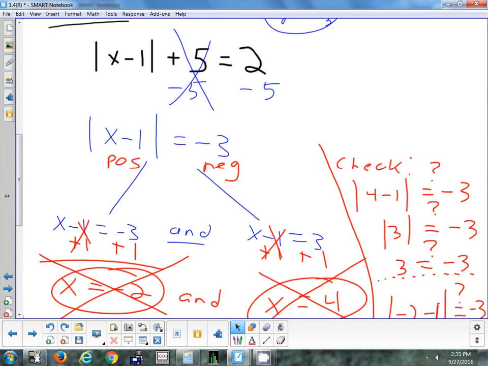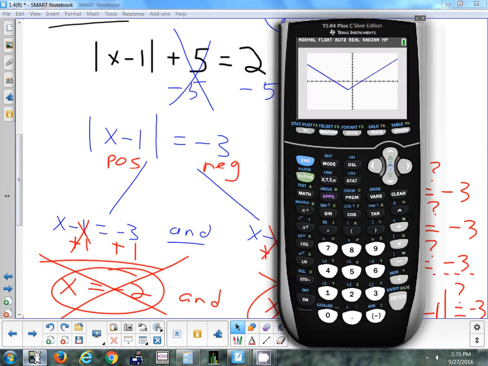What's going to happen when I draw this one? What was it? Absolute value x minus 1, and it's 3. Watch what it looks like. So it's a V shape, never touches the x-axis. That's why there's no solution.